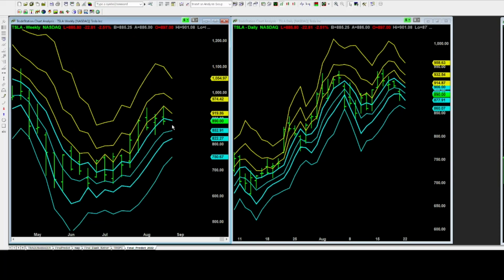The weekly low could go down to $852, and the weekly high is expected to reach about $919 or about $920. So it's in this fluctuation range.